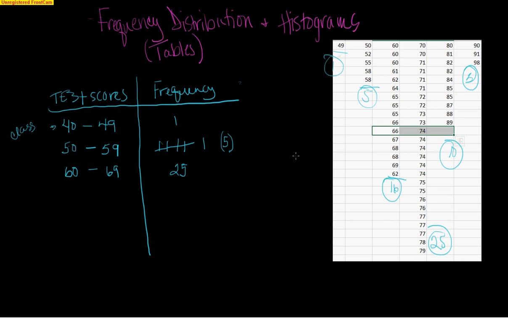I sorted the data and put it into groups of our class sizes. So here's my group of 5 students who got between 50 and 59 and so on. Sorry, I apologize. I'm getting these wrong now.